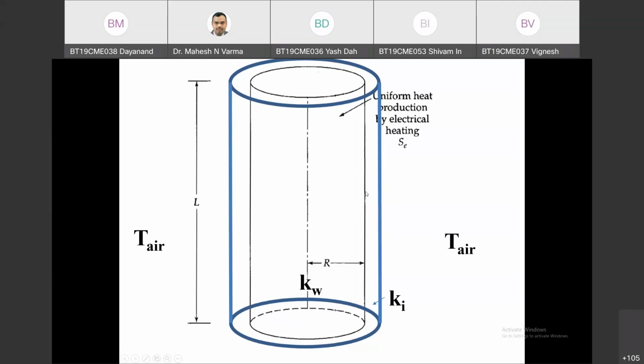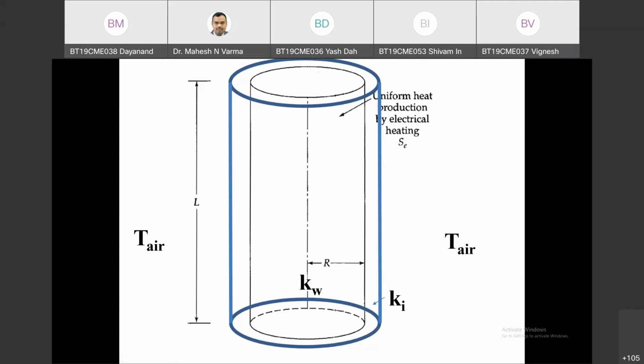So this is R and this is aR. There is a uniform rate of heat generation here. Kw is the thermal conductivity of the copper wire material, and Ki is the thermal conductivity of this insulating material. Air temperature is given, and I need to estimate the temperature profile.